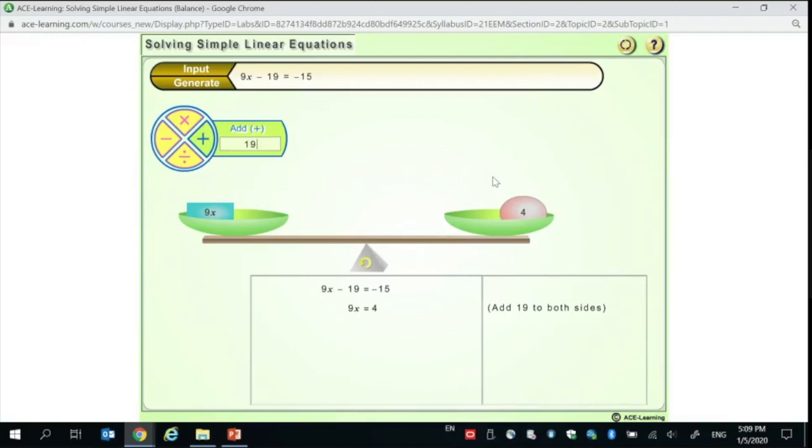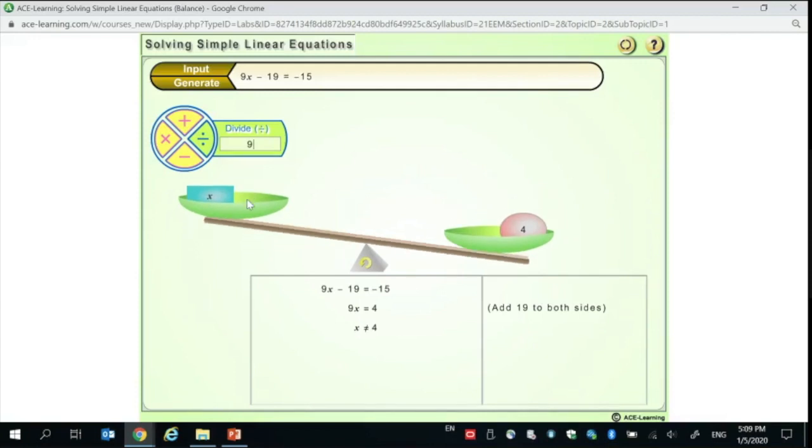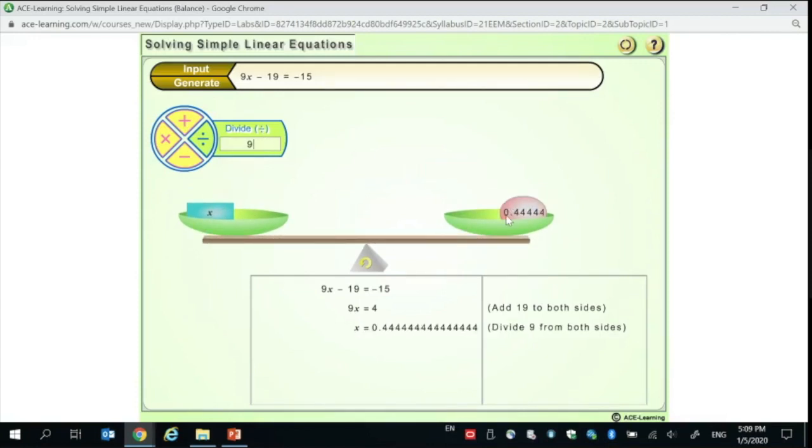Then after that, okay, we need to find out what is our x. So we divide by 9 on both sides. So this is the answer. Okay, so the answer is 4/9 in fraction.